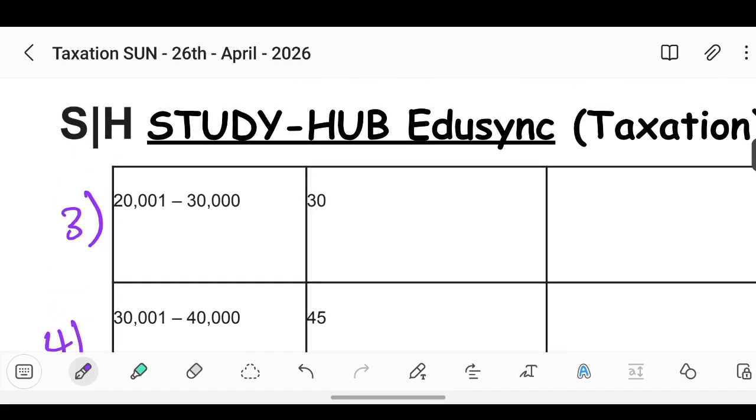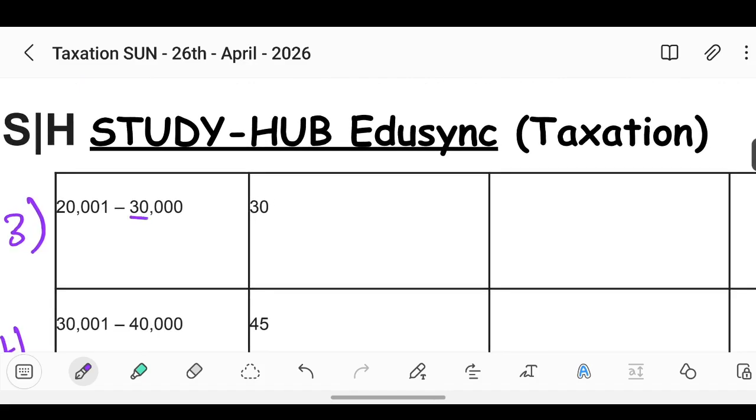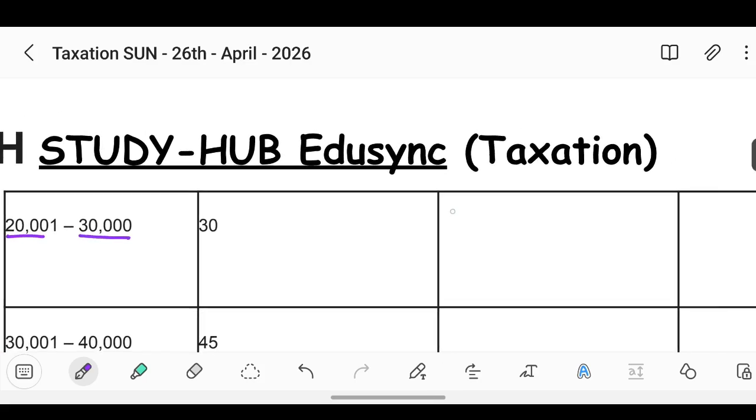So 30,000 minus the 20,000 times, let us try to minimize space.